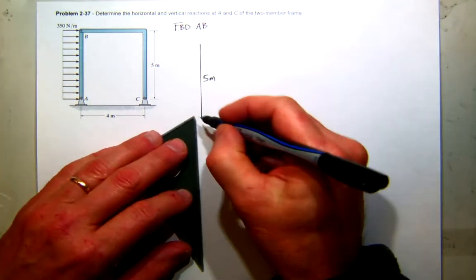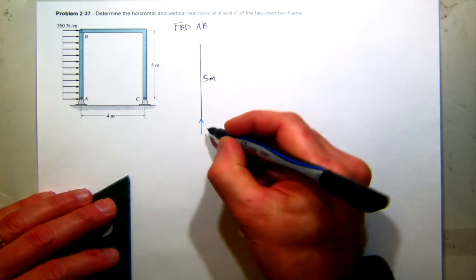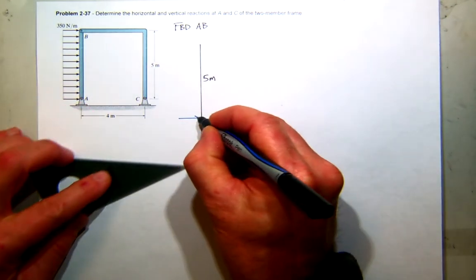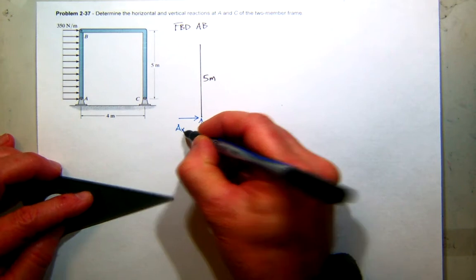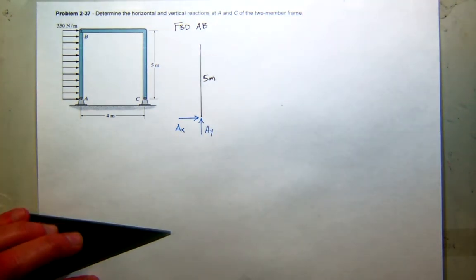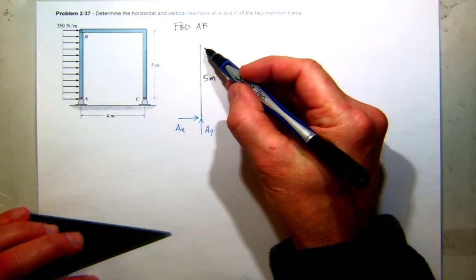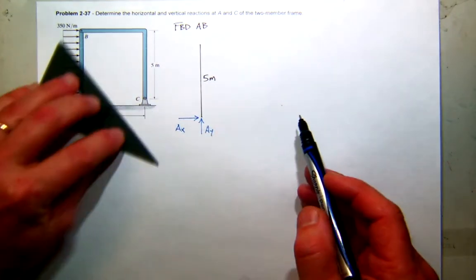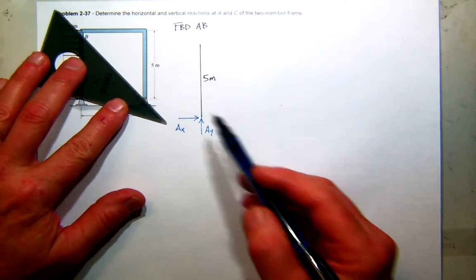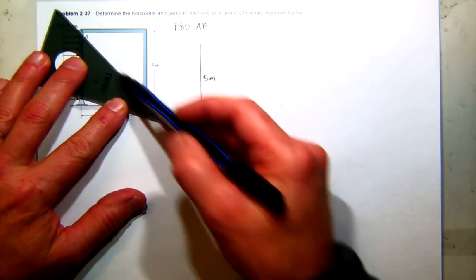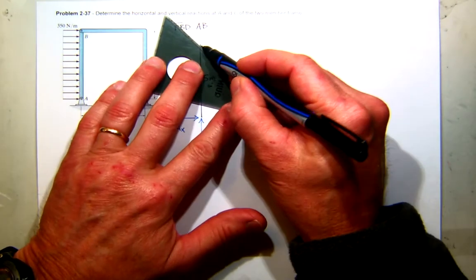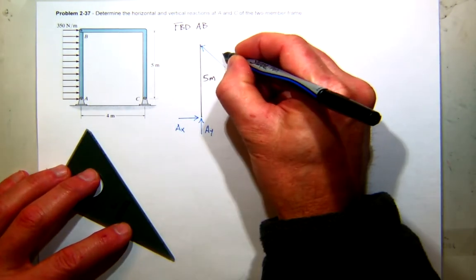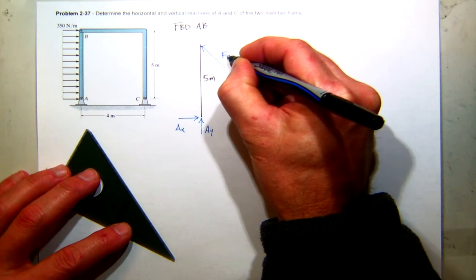At A, I'm going to assume I have a reaction in the Y, a reaction in the X direction. At B, we just talked about BC being a 2-force member, so the line of action between B and C will tell me the direction of that force. And I'll just call it the force at B.